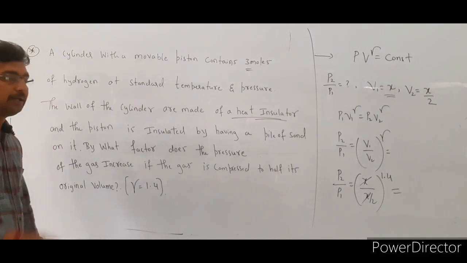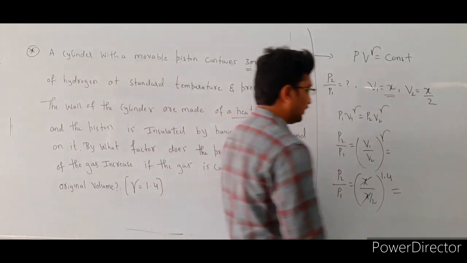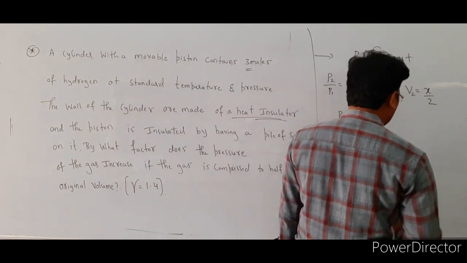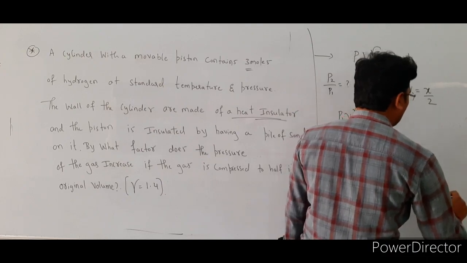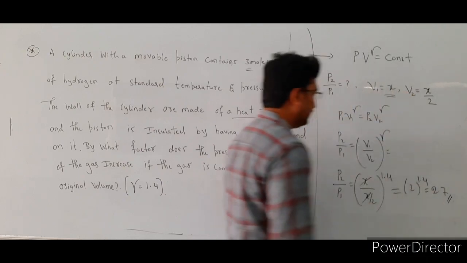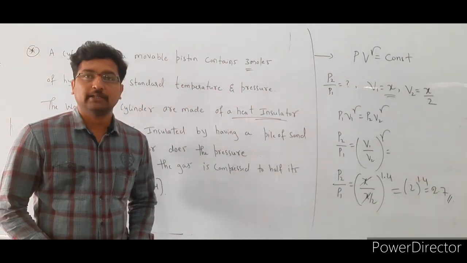The remaining is P2 by P1 is equal to 2 to the power of 1.4. This is equal to 2.7. That is P2 by P1 is equal to 2.7.